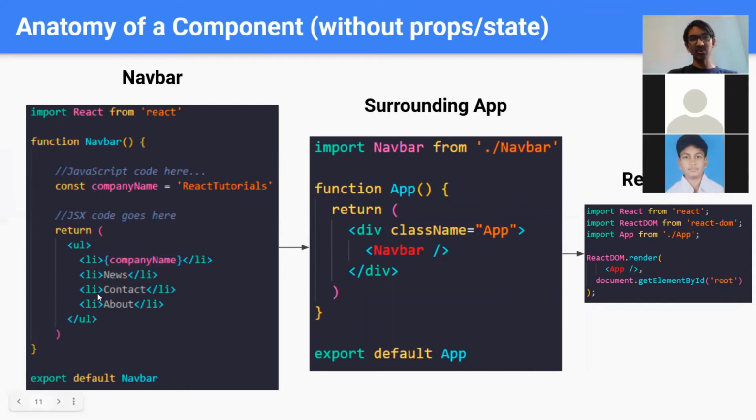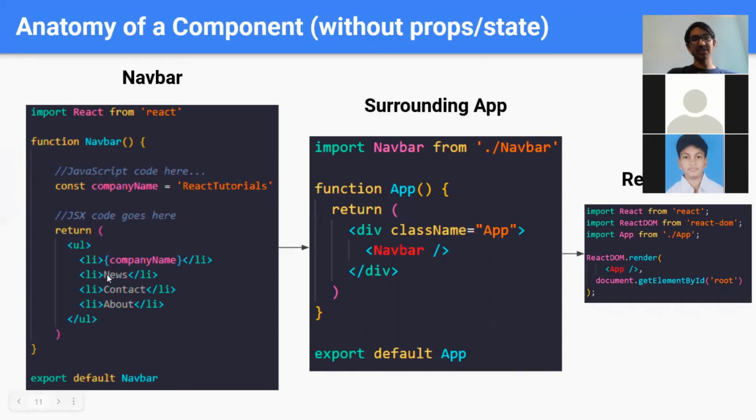Right now we have an unordered list with different list elements inside it. And all that function is doing is, when you call it, it'll return that and it'll be rendered on the screen. So it's super easy to use. And if you wanted to call multiple nav bars, you could just do nav bar, nav bar, nav bar, because they're each going to return the same HTML that we see here.